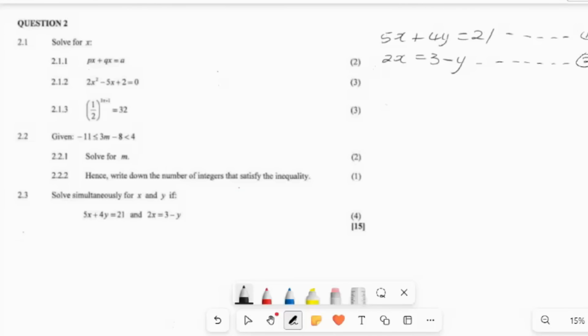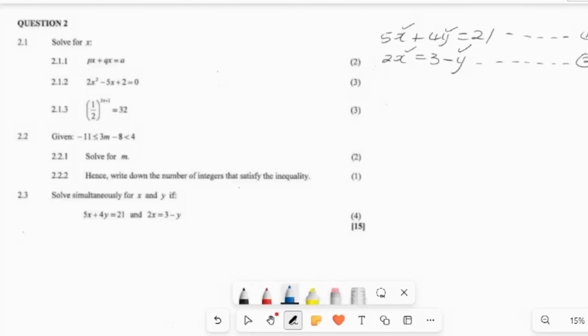If we have these two equations, we need to make one variable the subject of the formula. You can choose either x or y, solve for it, and then we'll be able to solve for the other one. You need to try by all means to check which one would be easier to make the subject of the formula.